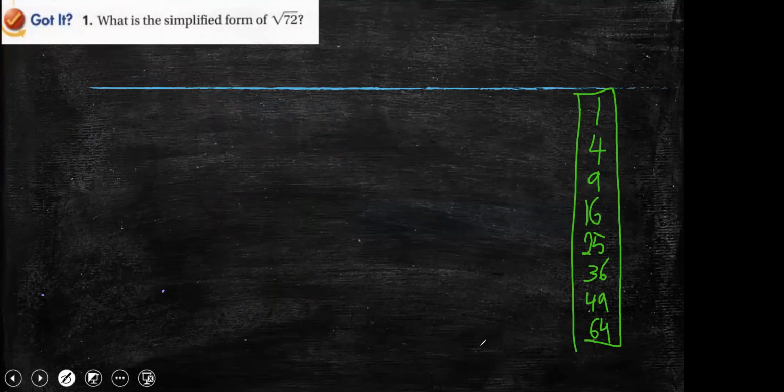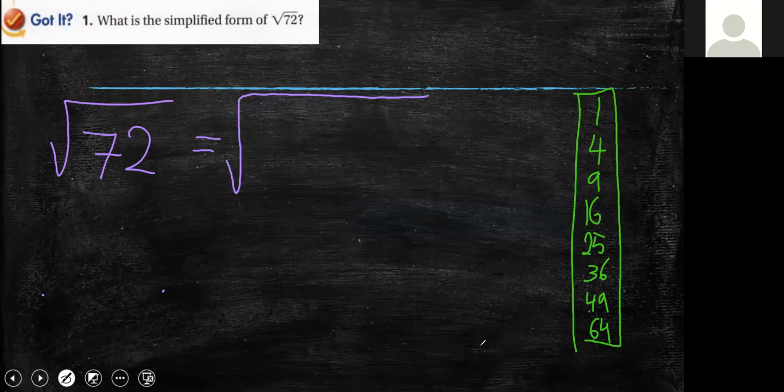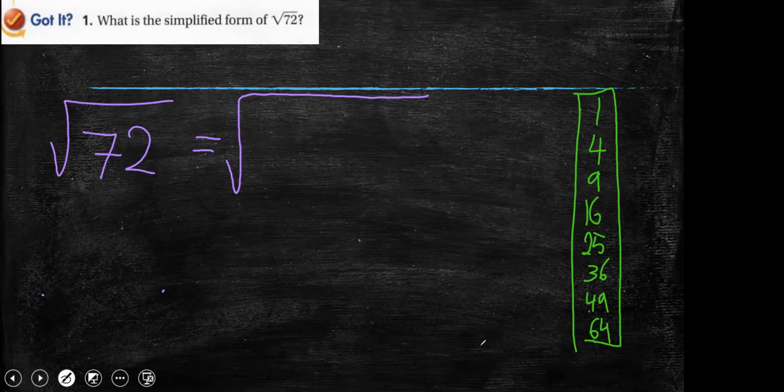Square root of 72. I want to find the square root of 72. Now, yalla Dana, I want you to look at the green table here. Give me any square number. Or, in other words, I want you to factorize 72, to write two factors of 72.